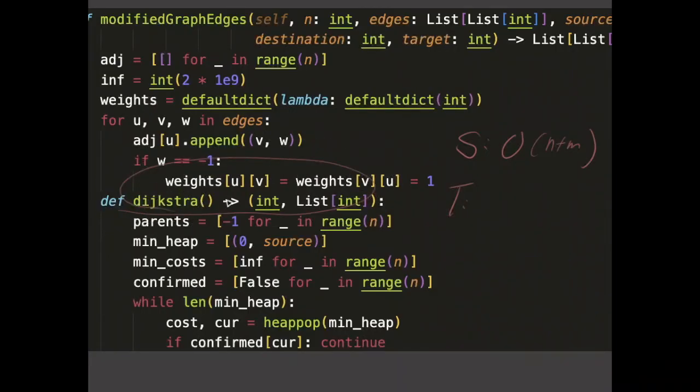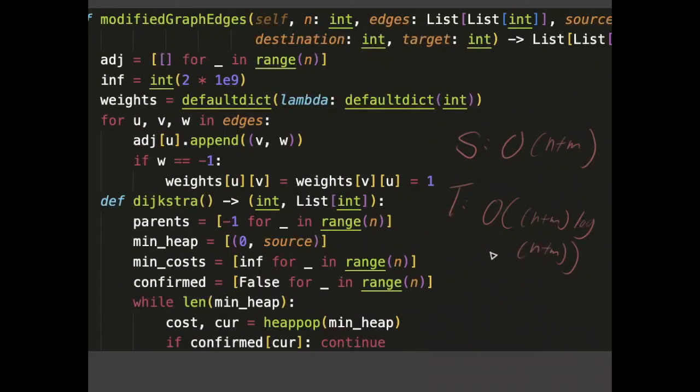As we know, this Dijkstra runs in O((n + m) log(n + m)) because it uses the min heap. But we will keep doing the Dijkstra over and over again.